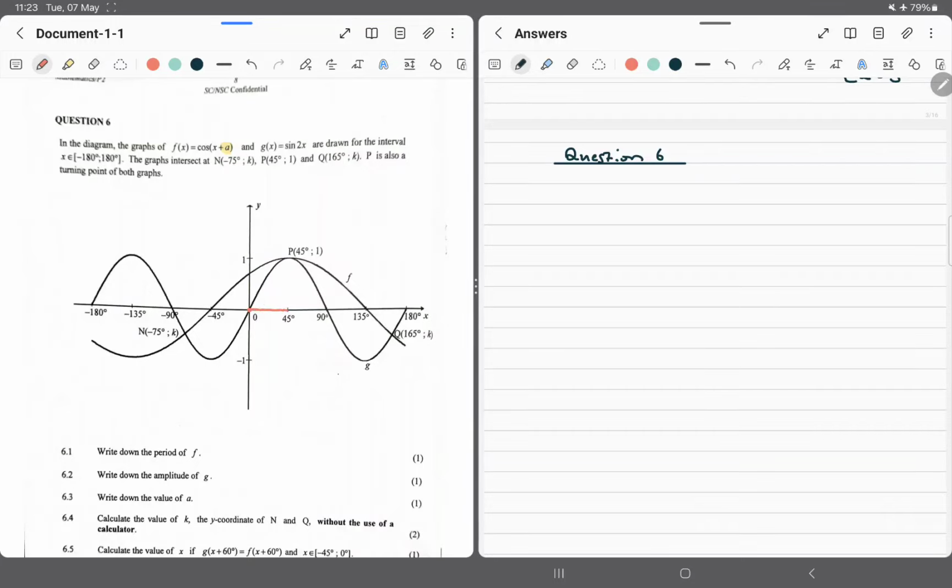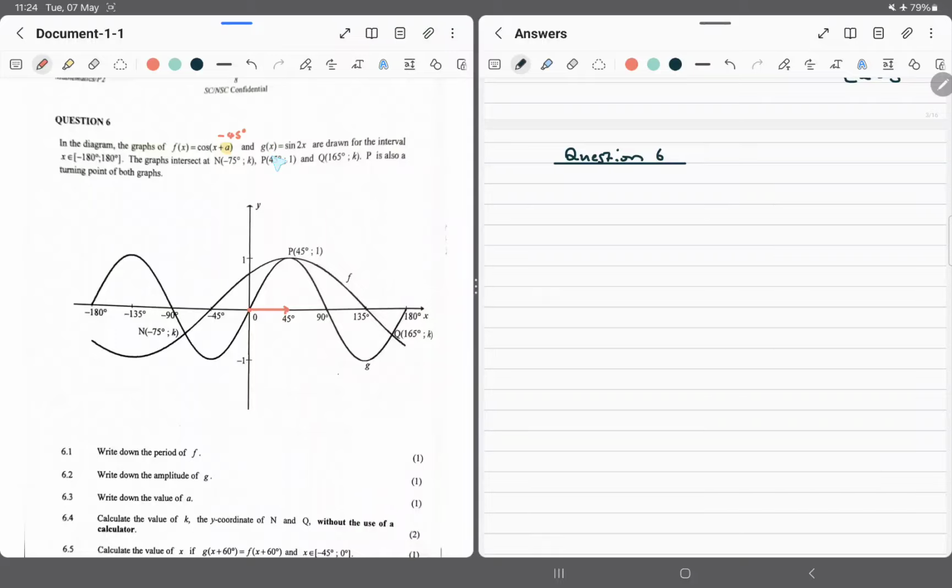But now you can see that the maximum has shifted to 45 degrees. So this already tells us a is minus 45 degrees. Because when we shift our graph to the right, the sign is negative for that shift. Easy stuff, guys. Otherwise, you can see the coefficient of the angle is 1, so the period is still 360, nothing changes.